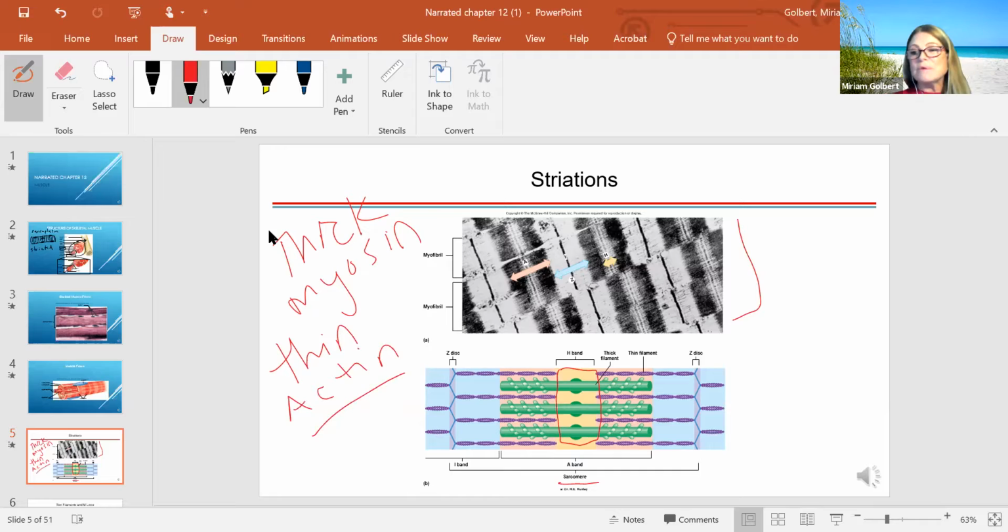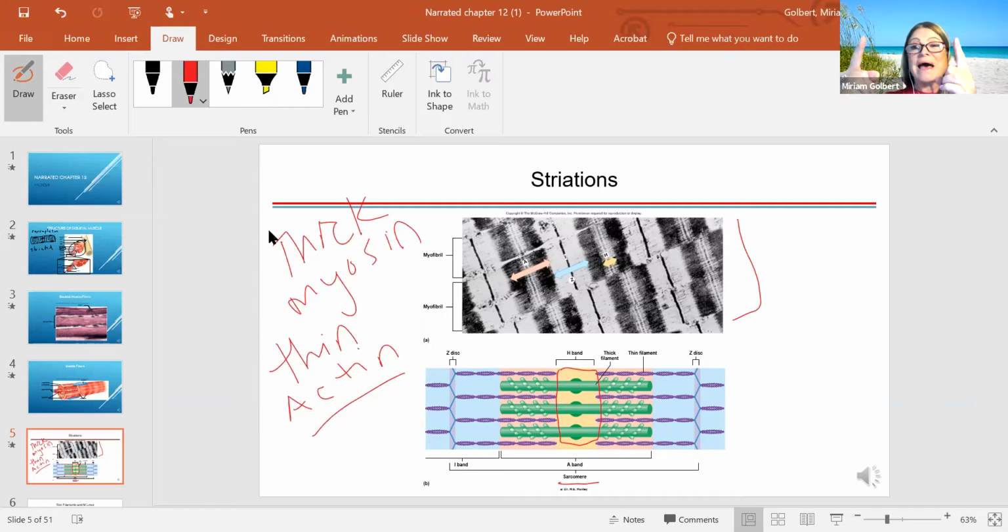Now, you probably remember that name when you learned about cells. Actin is one of the fibers of the cytoskeleton, okay? So the only way to remember the arrangement of the sarcomere is for you to draw it yourself. This is how you're going to remember it, right? So from a Z to a Z, we have a sarcomere.